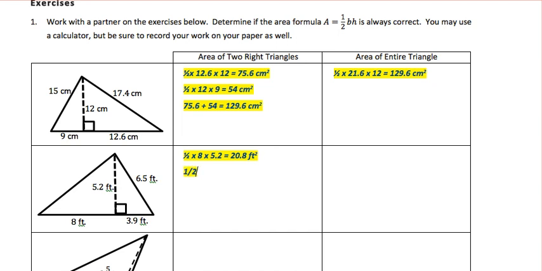And then the triangle on the right is 1/2 times 3 9/10 times 5 2/10. And that is 10 14/100 square feet. And when we add them together, we get 30 9/400 square feet.